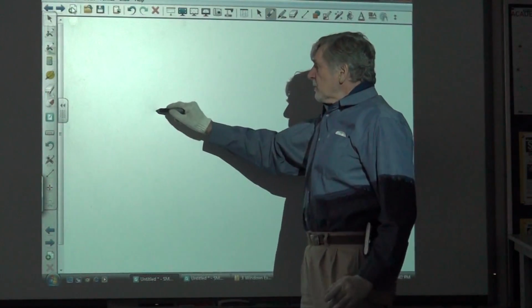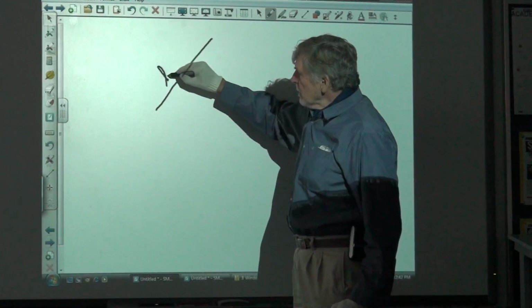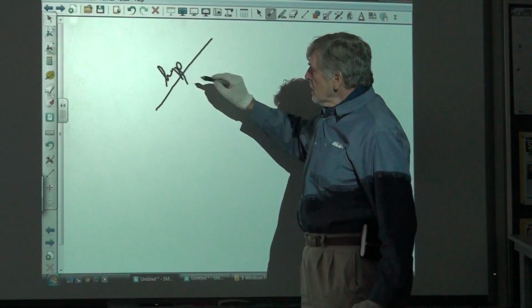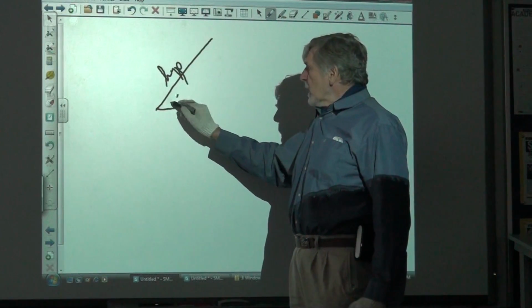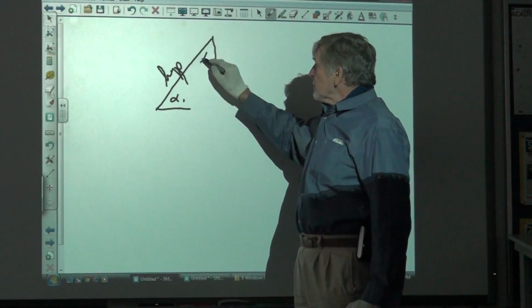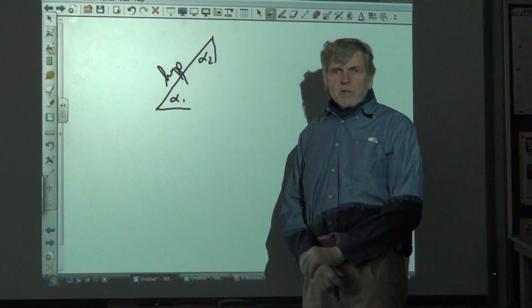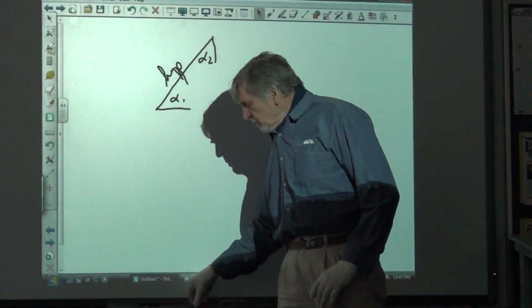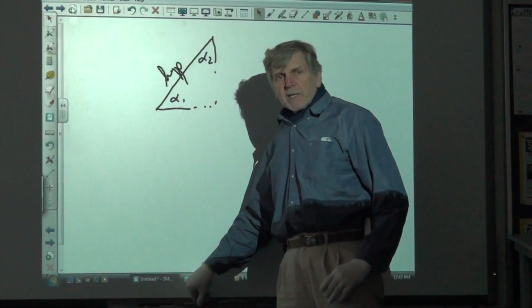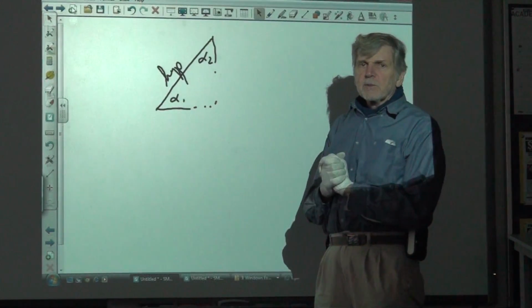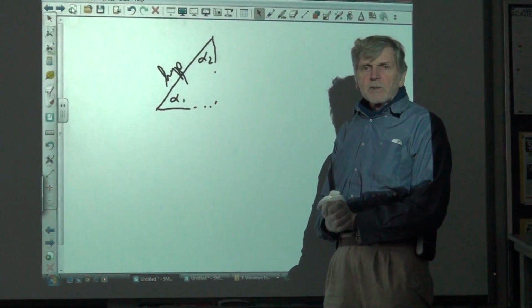If you have a length, which we would call the hypotenuse, and it has an angle at each extremity, say alpha 1 and alpha 2, then there is only one right triangle that can be completed from these three items. These three items are sufficient to designate any right triangle uniquely.